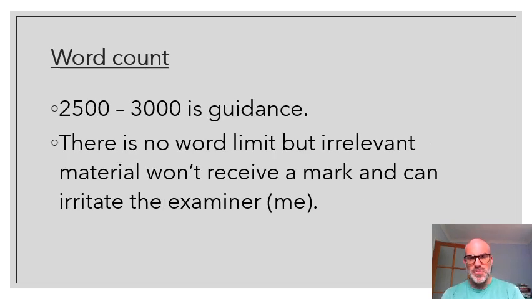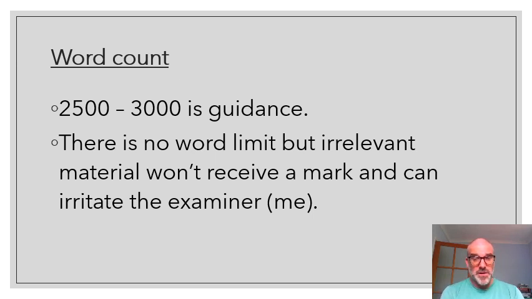So on to the word count. As I was saying before, you've got a 2,500 to 3,000 word guide. It is possible to get an A star with 3,000 words in your discussion, probably even 2,500 words. What I saw last year was that a lot of discussions were about 4,000.